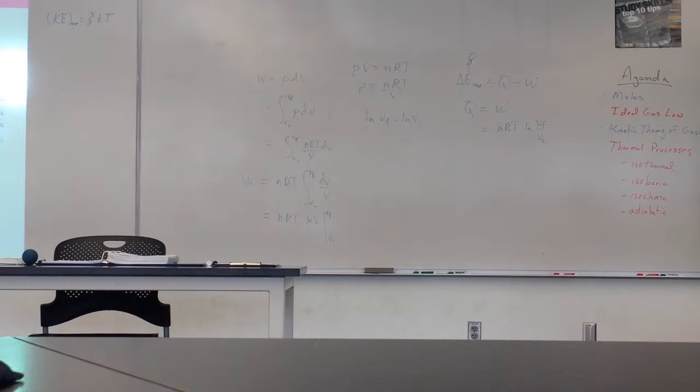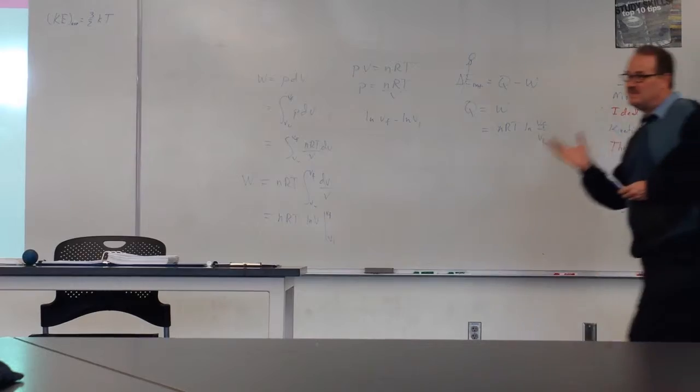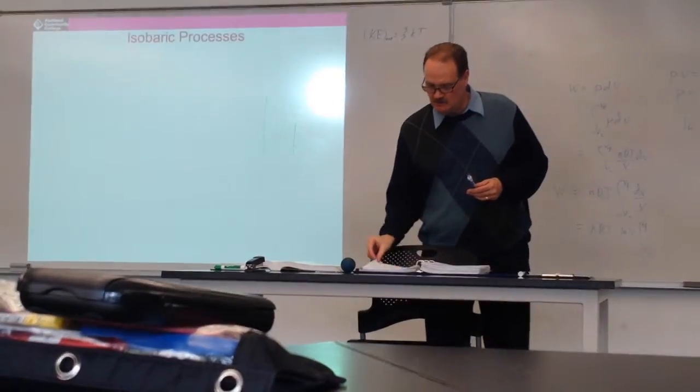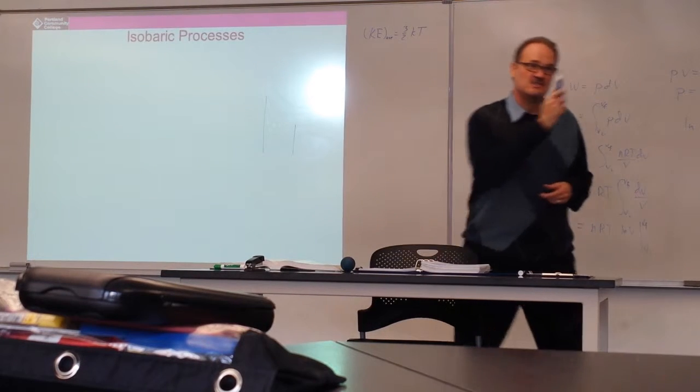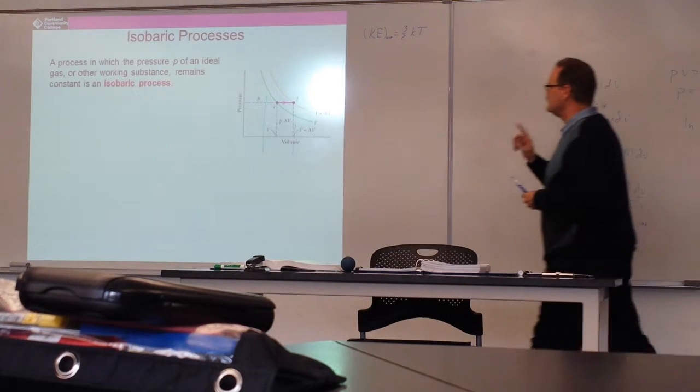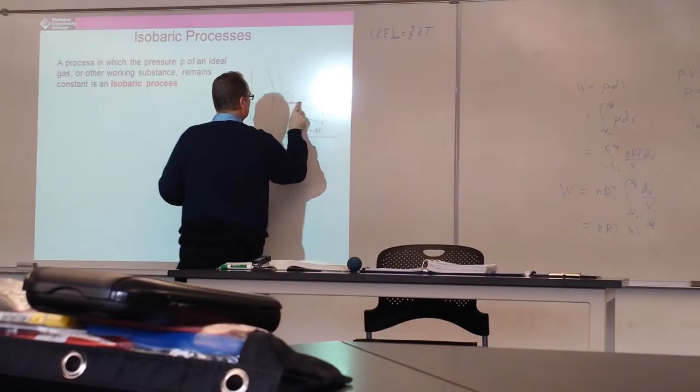Now let's look at a different kind of process where something different stays constant. This is an isobaric process. Constant pressure. Constant pressure, correct. So with constant pressure, this is what it looks like on a pressure-volume graph. The pressure stays constant.